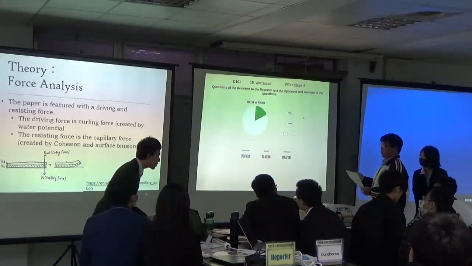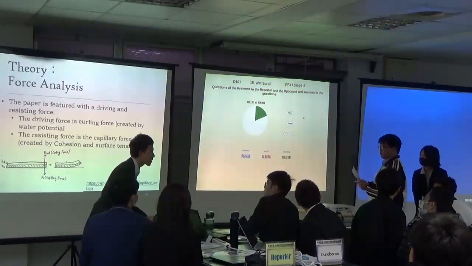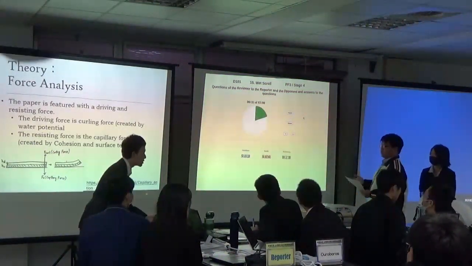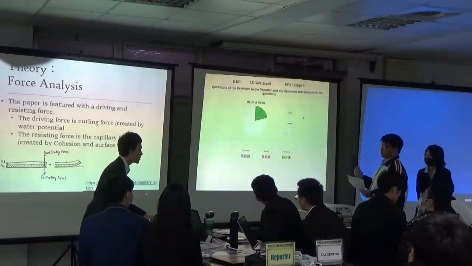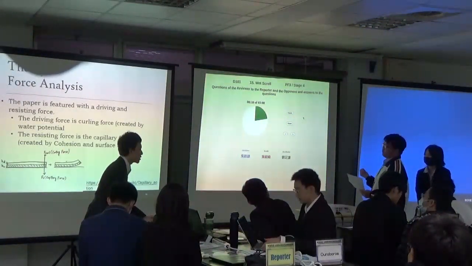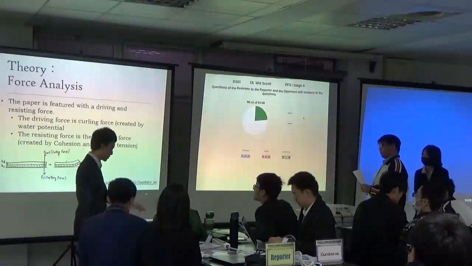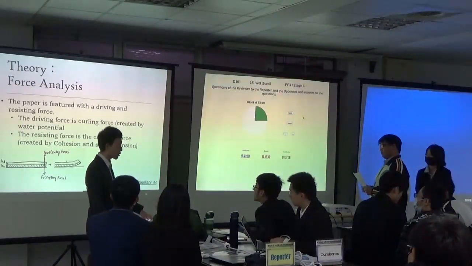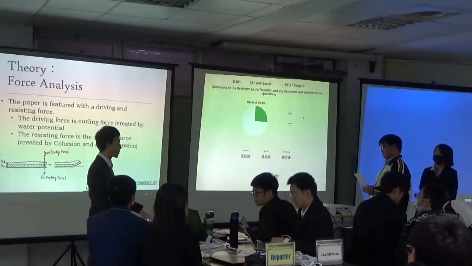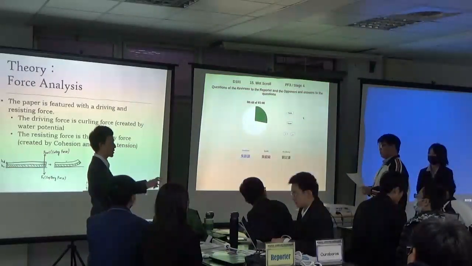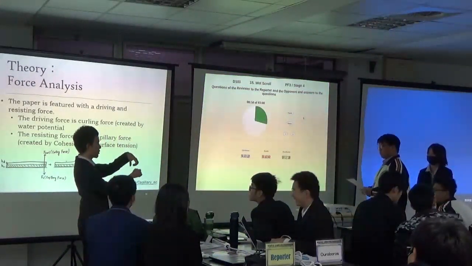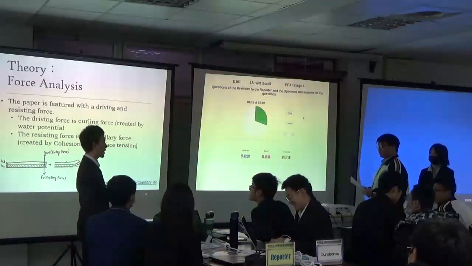It is ethanol. Alcohol. Because alcohol has lower surface tension, I think it will curve a lot faster, because the energy loss when it curves will be less.